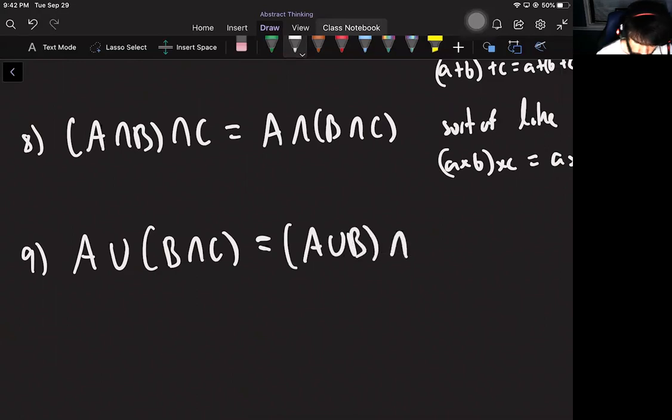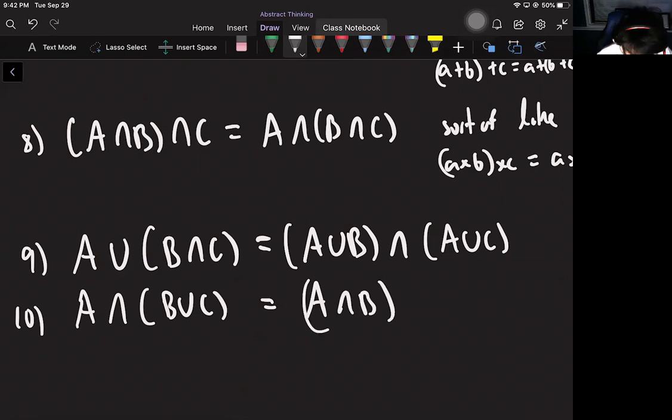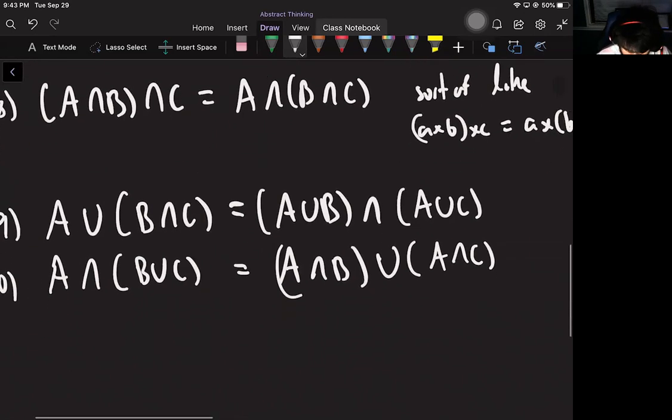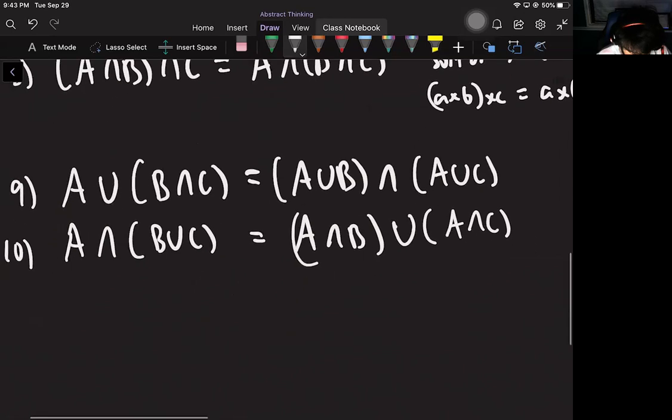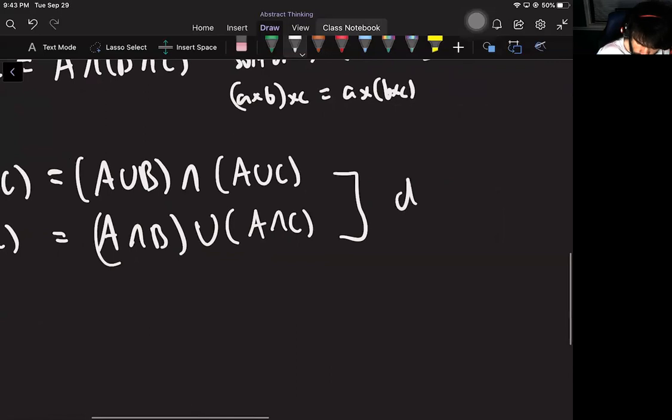So this is going to be A union B intersect A union C, and then the other way will also work. This is very different from numbers, just like the logic ones were, because in number land, addition and multiplication do not distribute over each other. Only one distributes over the other. Here, they both distribute over each other. This is called the distributive laws.